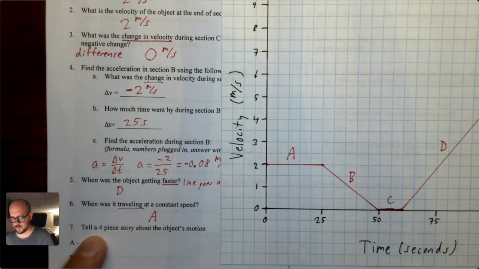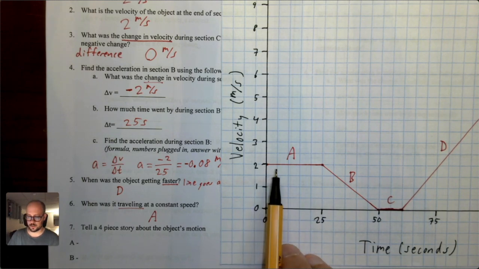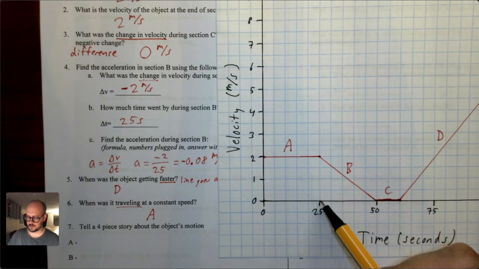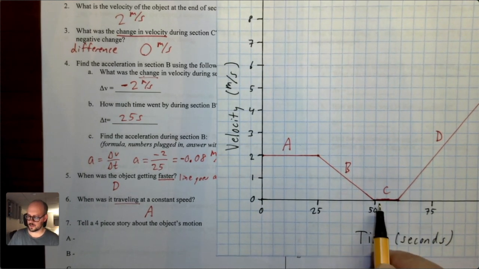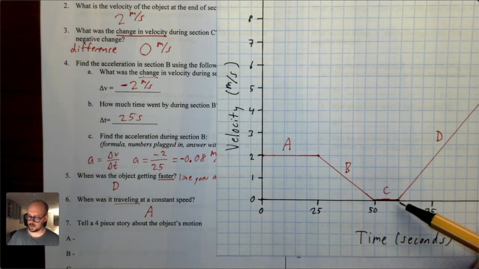Tell a 4-piece story about the object's motion. I'll leave this up to you, but the things that I want you to notice about this graph is that it moves with constant speed for 25 seconds, and then it slows down over 25 seconds. It then sits at rest for 10 seconds, and then for the next 40 seconds, it speeds up.